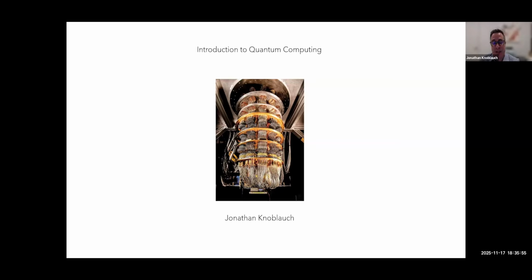My name's Jonathan Knoblauch, and I'm calling in from Adelaide, Australia. It's about 5 in the morning, and I have one of the most interesting day jobs of most people that I know, in that I get to design and develop electronic hardware that's used in quantum computing. So you'll see the big mess of wires in that picture there.